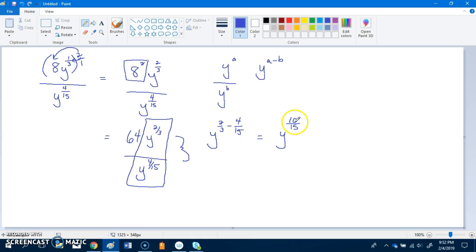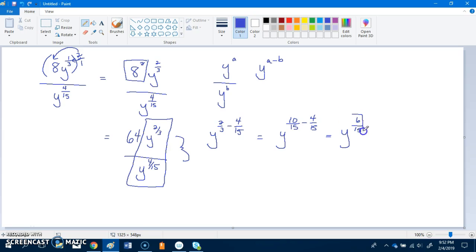So 10 over 15 is an equivalent fraction to 2/3. 10/15 minus 4/15 gives me 6/15, so y to the power of 6 over 15.